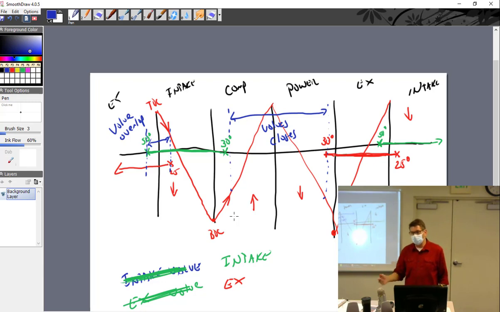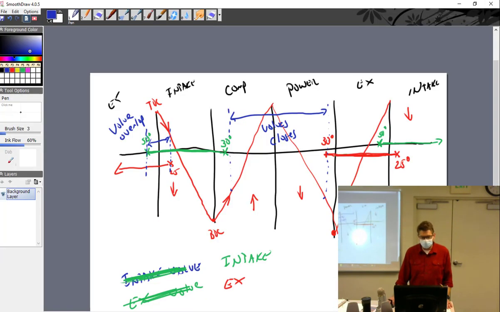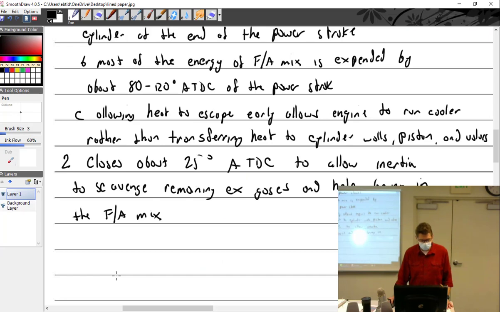What is the duration? How many degrees of overlap? And so we're going to work through this. I'll clean this up a little bit. We'll do another one and make sure that you can easily do this, because really this is simple. Even though it's messy, it should be pretty simple.